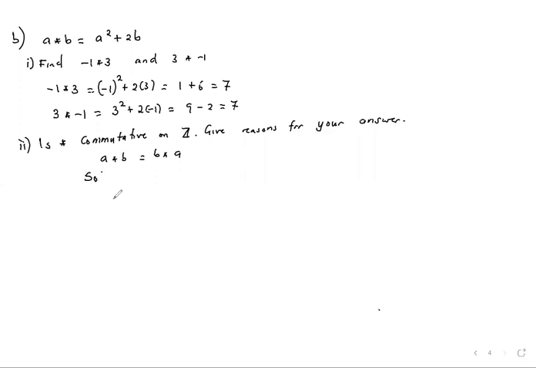Because A star B equals B star A. Let's see if that is true. A star B has been defined as A squared plus 2B. Then B star A can be defined as B squared plus 2A. Is there any equality here?